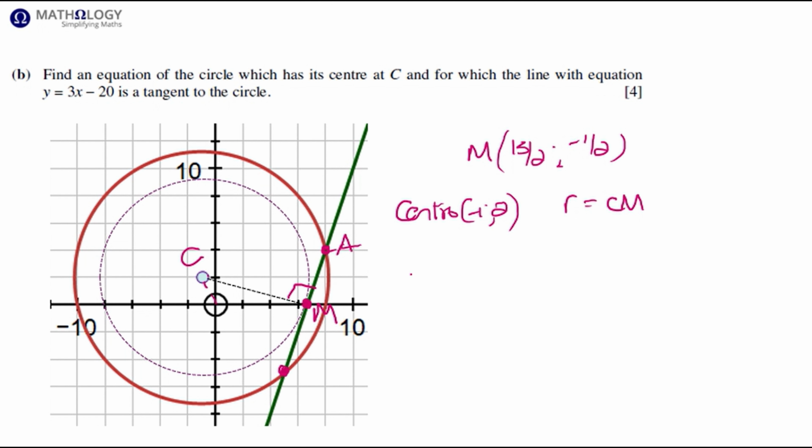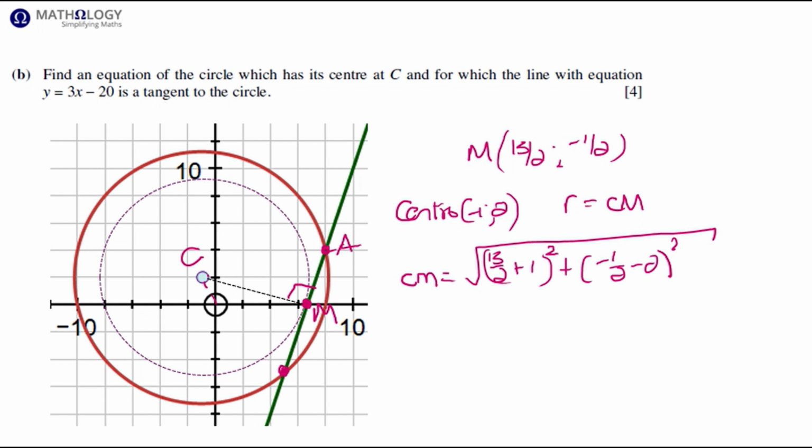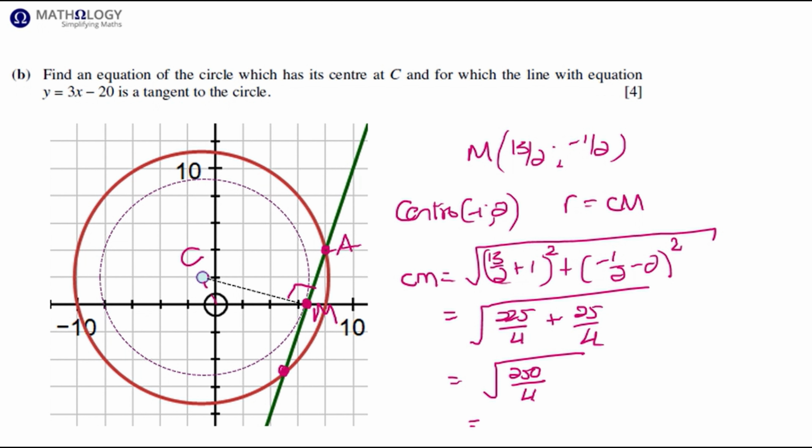So the length of CM will be the square root of 13 over 2 plus 1 all squared plus minus a half minus 2 all squared, and that equals the square root of 225 over 4 plus 25 over 4, the square root of 250 over 4, which is the square root of 125 over 2.